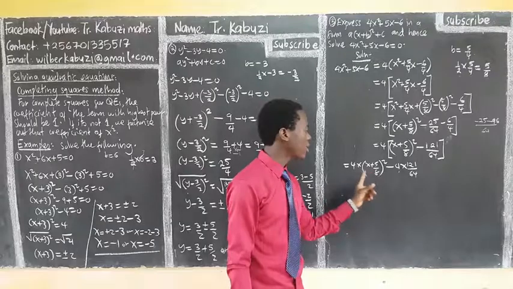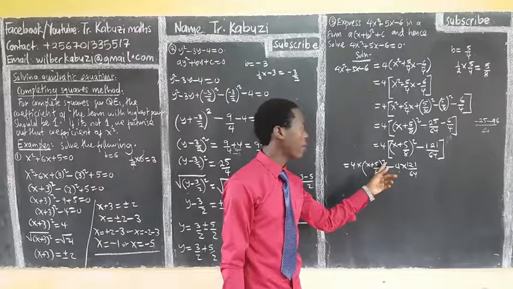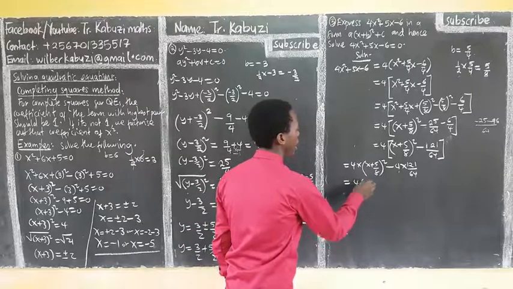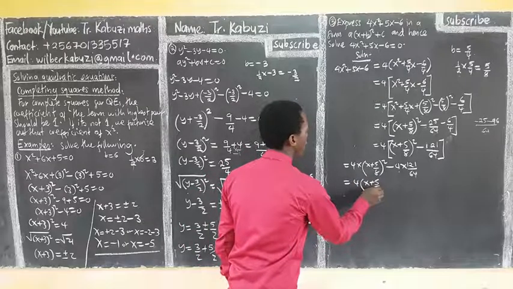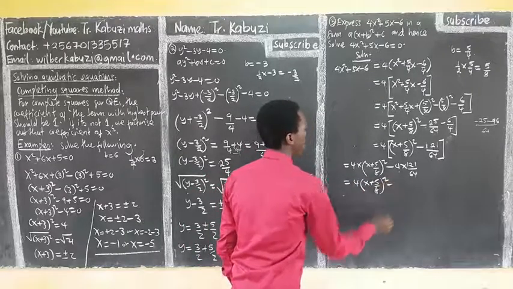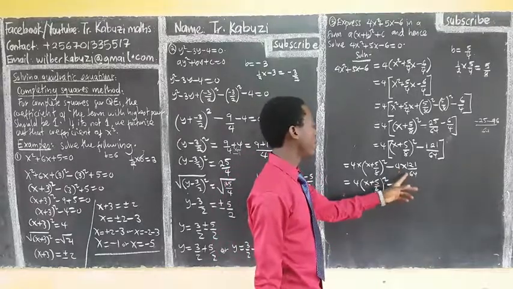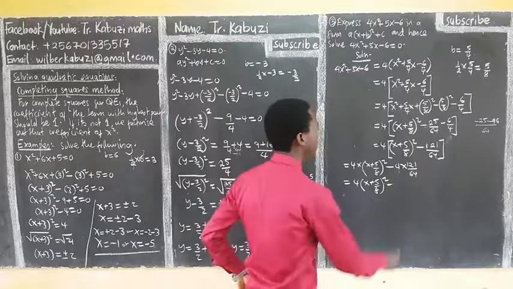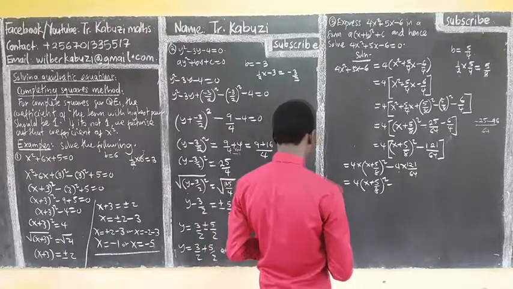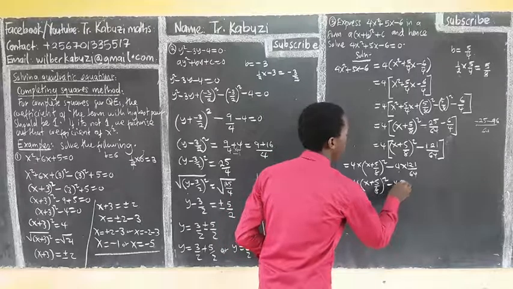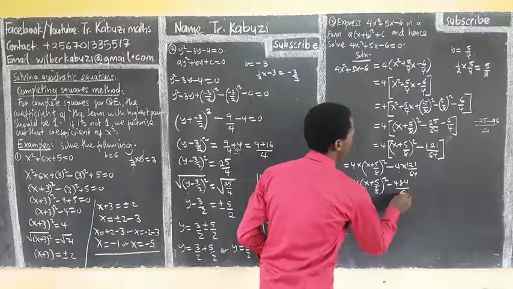This cannot cancel with this because this one is locked with a square. So this will be now 4 into x plus 5 over 8, the whole square, then minus. When we get this, we just multiply the other thing. So 121 times 4, we get our 4 over 64.